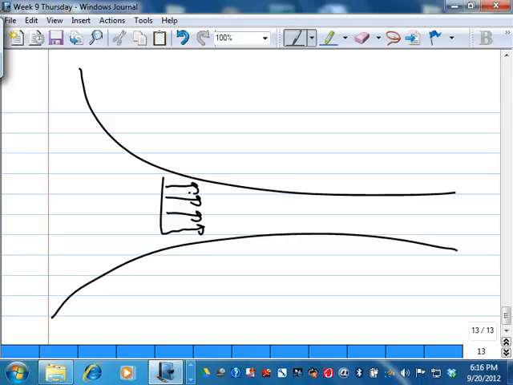Same like the boundary layer growing on the plate. I hope you remember that story. So it comes in, and when it enters the pipe, the velocity profile initially, at some point the boundary layer grows.